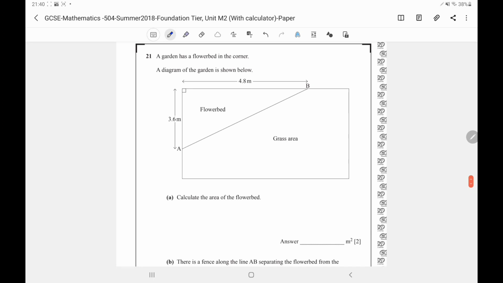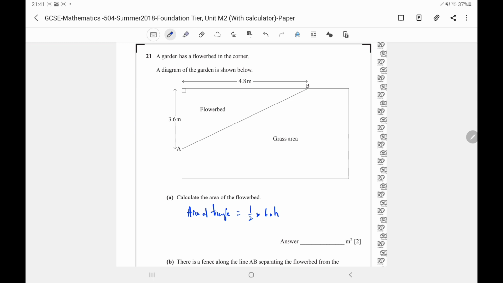21. A garden has a flower bed in the corner. The diagram is shown below. Calculate the area of the flower bed. So the flower bed is what shape? The flower bed is a triangle. So the area of a triangle is half times the base times the height.